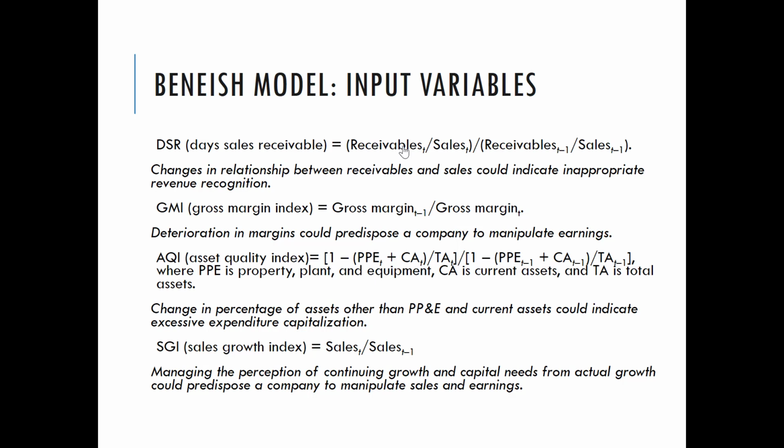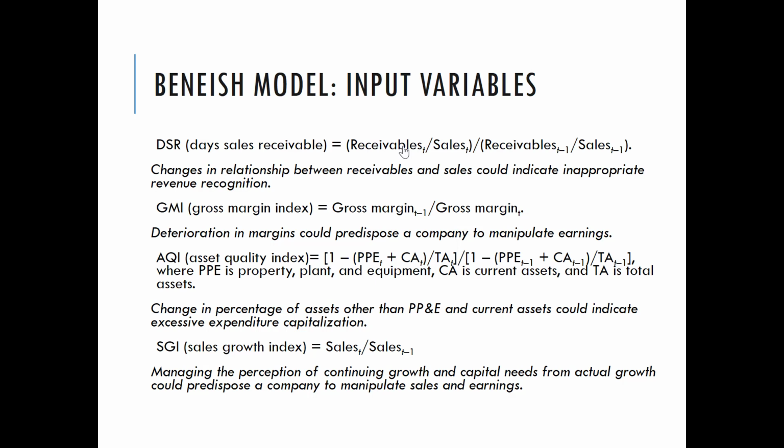Again, in itself, nothing bad, but it's one of the indicators, because if you have an increase in receivables, that's generally not a good thing, because they should technically grow at the same rate as sales. So if both your receivables and sales have grown by 10%, that ratio DSR would be 1, because there would be no change. Because if there's proportional growth, there's not going to be anything in terms of a red flag.